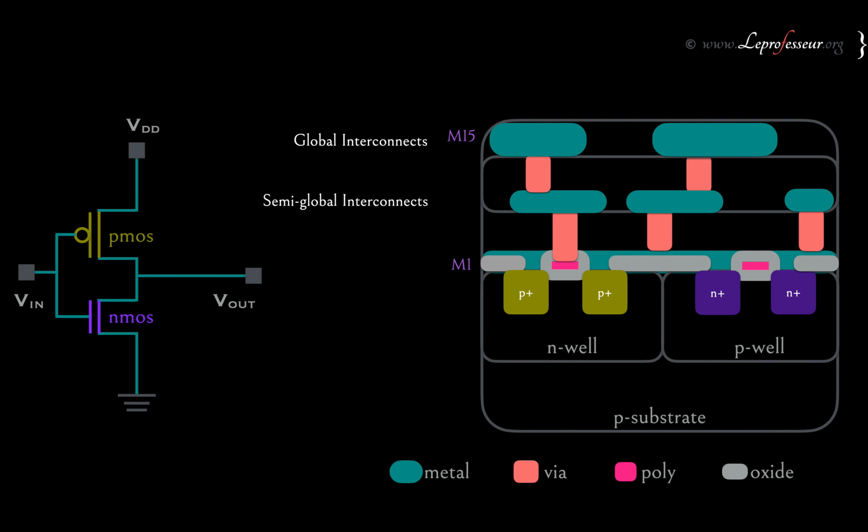Global interconnects are used for routing the global nets, which means power nets, ground nets, clock. Well, clock can be in semi-global, but mainly it has to do with the VDD and VSS rails. And then the local interconnects, which connect the devices.